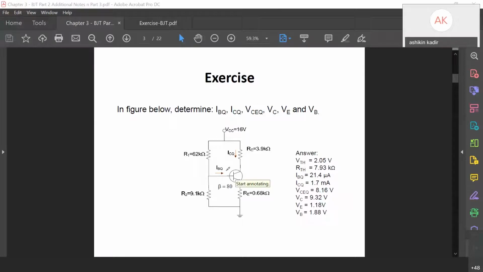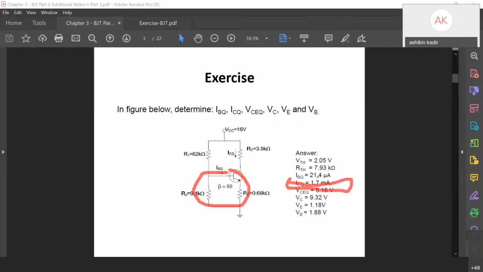At the bottom of the circuit, we can apply the Thevenin theorem. After we simplify the circuit, we can apply the Kirchhoff voltage law over here, and then we can get the current, and then we can find the IC.